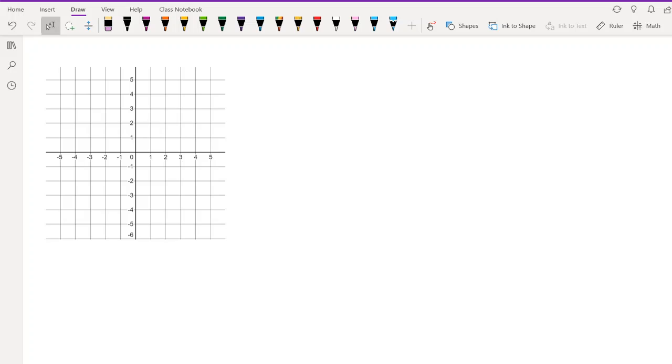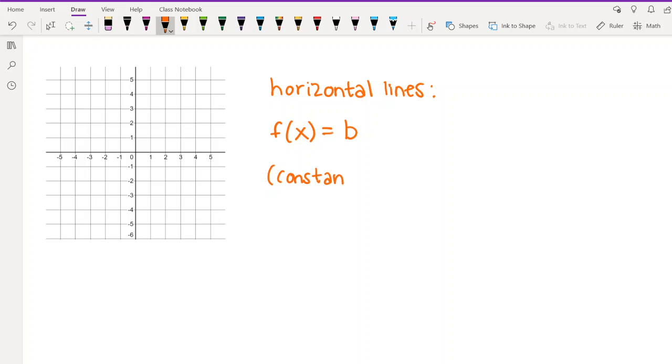So a horizontal line can be written in the form f of x is equal to some number b. These are what are called constant functions.